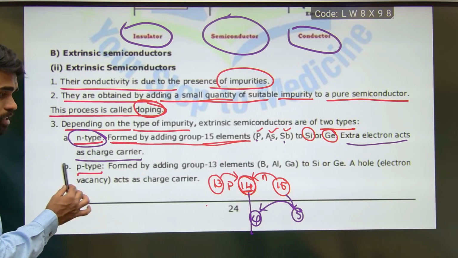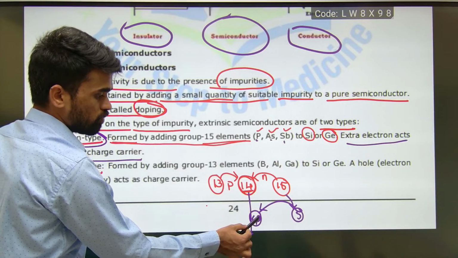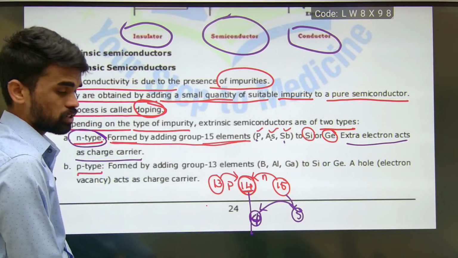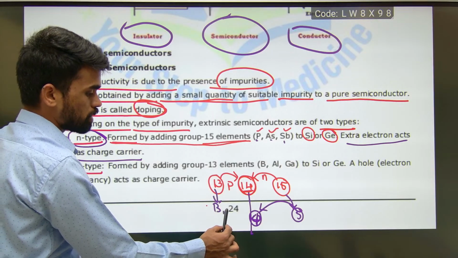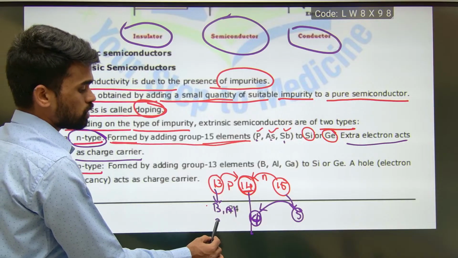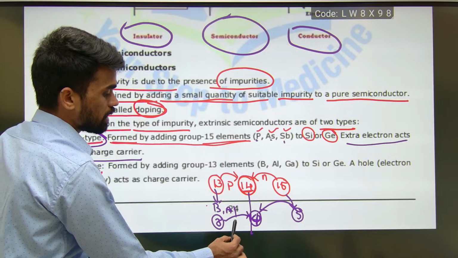Next, when we are adding group 13 to group 14: in the 14th group we have 4 valence electrons, while group 13, the boron family, boron, aluminium, gallium, has only 3 valence electrons. Since we are adding an element with 3 electrons, it will create a hole.